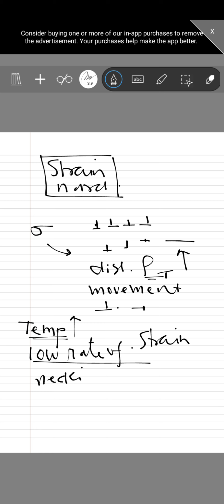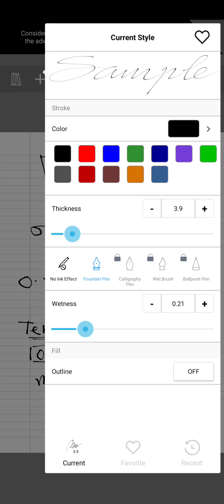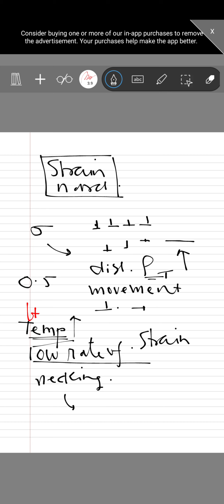What was initially forming at a true strain of 0.5, now in the elevated temperature, in the hot working condition, the necking starts to take place at a strain of 0.1. Earlier it was 50 times, now it is 10 times.